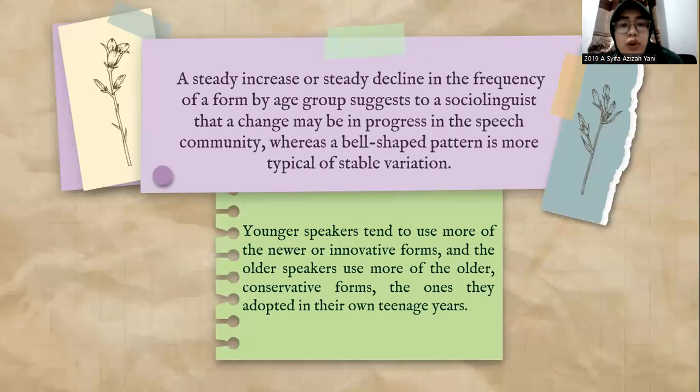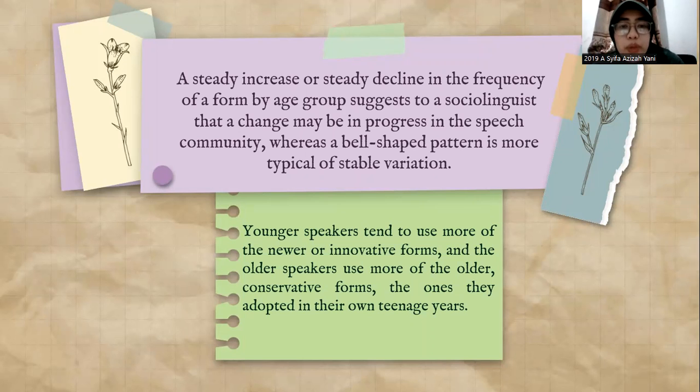And this has been called the apparent time method of studying change. The differences between the speech of older people and younger people are interpreted as an indication of changes in progress. Younger speakers tend to use more of the newer or innovative forms, and the older speakers use more of the older conservative forms, the ones they adopted in their teenage years.